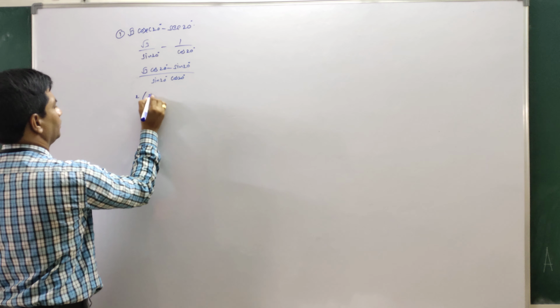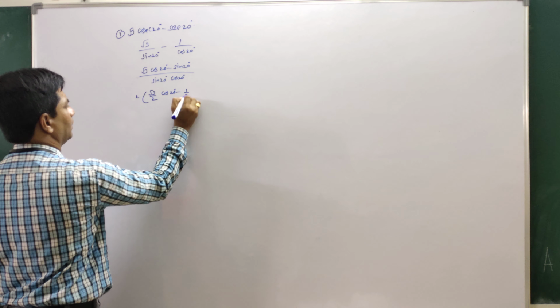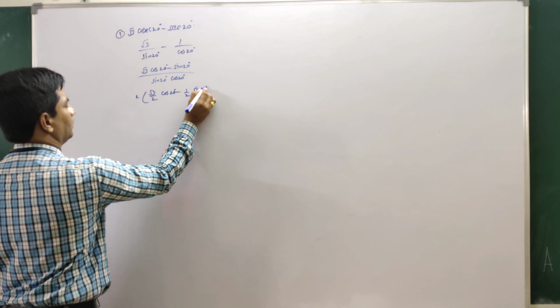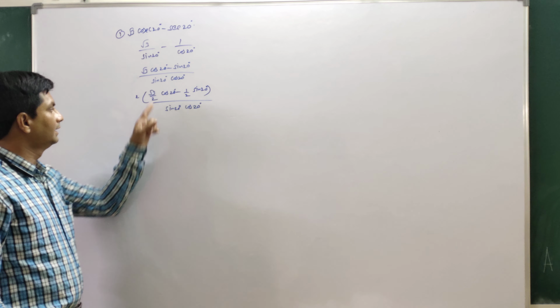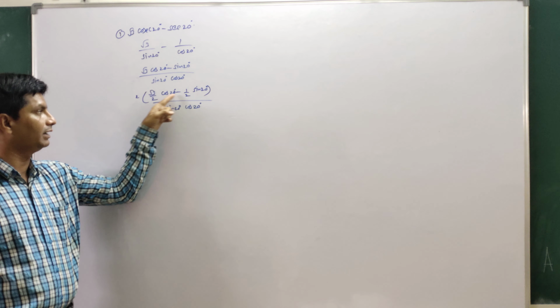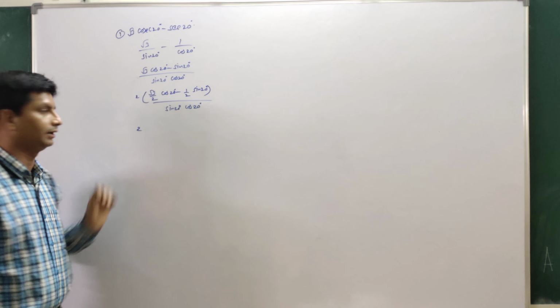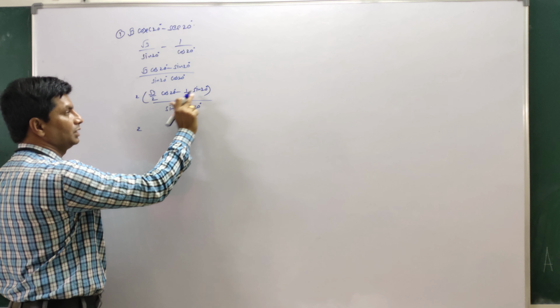This is 2 into root 3 by 2 cos 20 minus 1 by 2 sin 20 by sin 20 degrees into cos 20 degrees as it is. Now I have converted the numerator into the form of sin of A minus B. This is sin 60 cos 20 minus cos 60 sin 20.